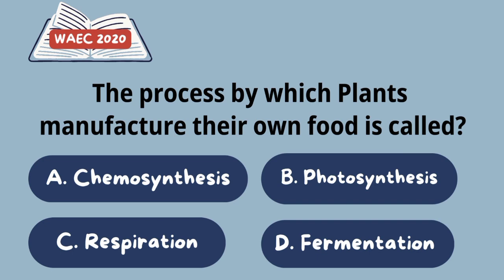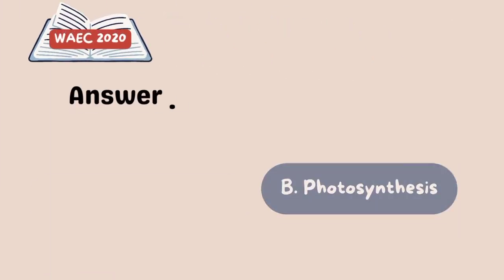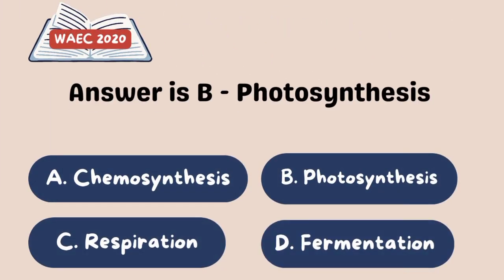I'll give you 5 seconds to think about your answer. The correct option is B. Photosynthesis. Photosynthesis is how plants manufacture their food from carbon dioxide and water using energy from sunlight.